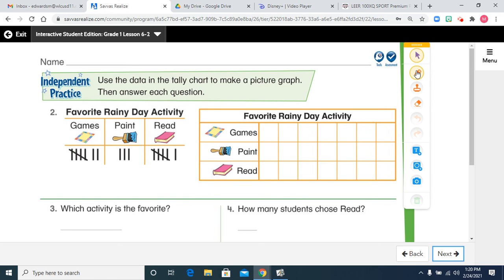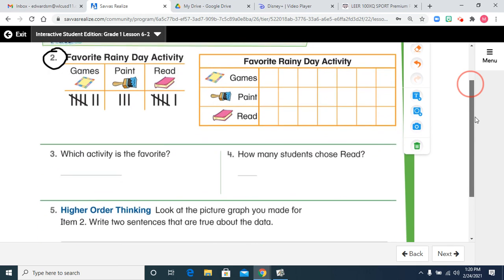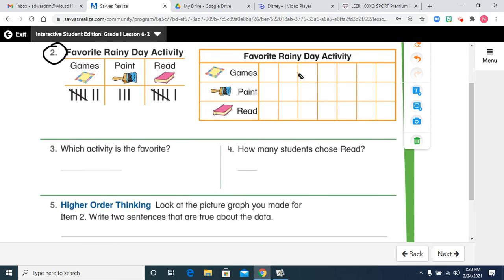Here's what I want you to do. I want you to do number 2. So you're going to take this information from the tally chart and put it into this picture graph. Remember, draw good pictures. Your picture graph makes it a lot better. I also want you to do 3. And I want you to do 4.